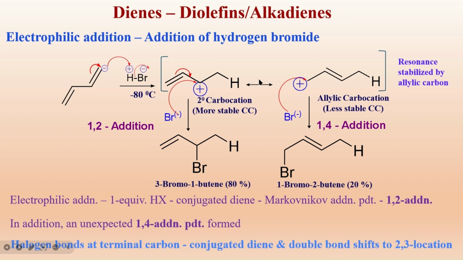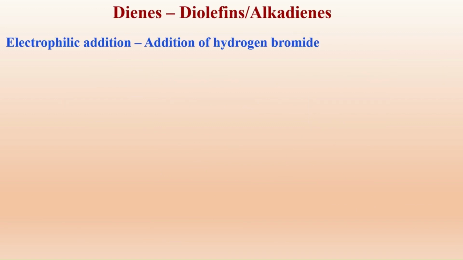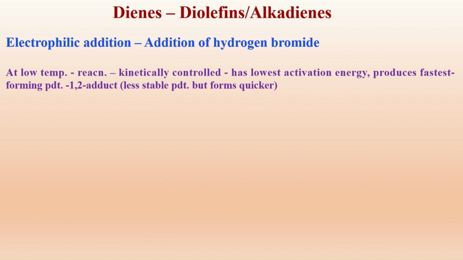Why are these not formed in equal ratio? Why does this predominate? Why is this 1-bromo-2-butene the minor product? Let us look into the explanation of this. At lower temperature, this reaction is kinetically controlled.